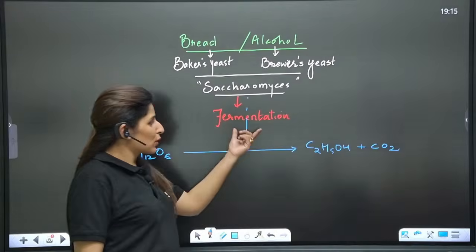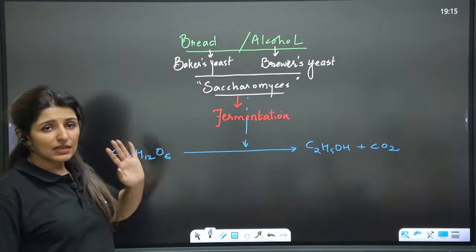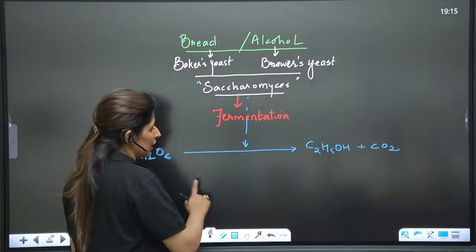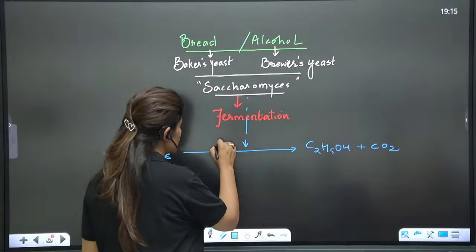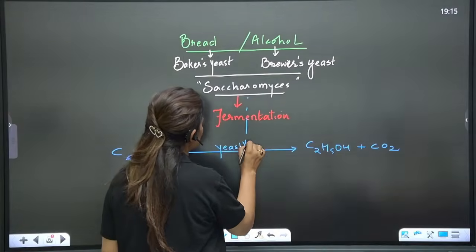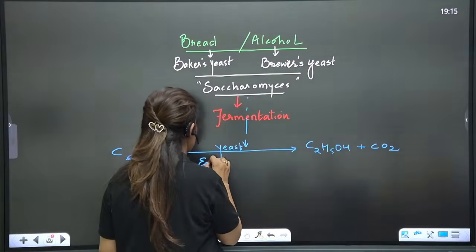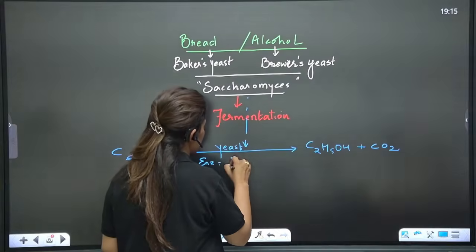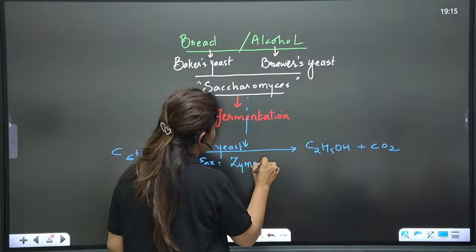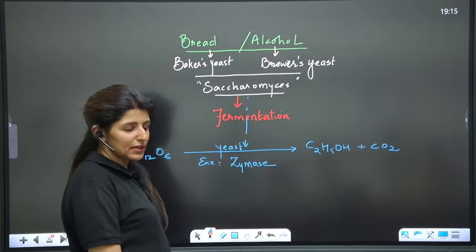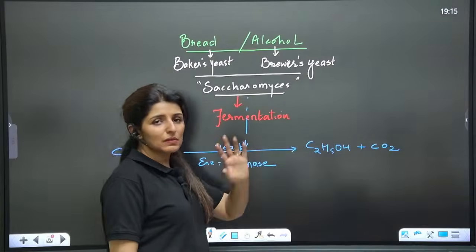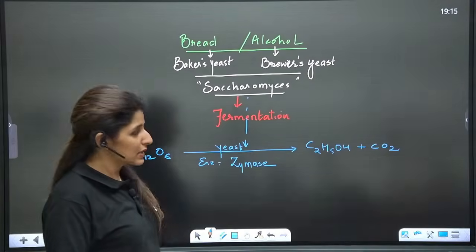Is it clear? The process is fermentation and it is the same yeast. Now see here, it is incomplete breakdown. The yeast that we are using here is a source of an enzyme called zymase. Is that clear? It is a source of the enzyme called zymase, which helps in alcohol production as well as CO2.